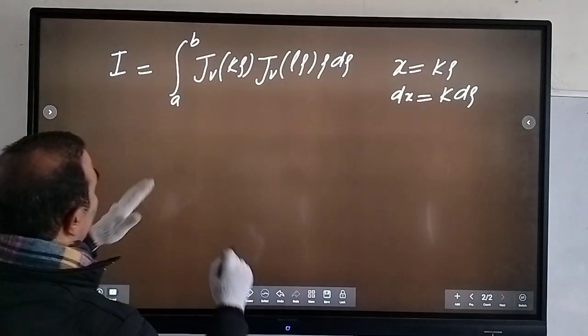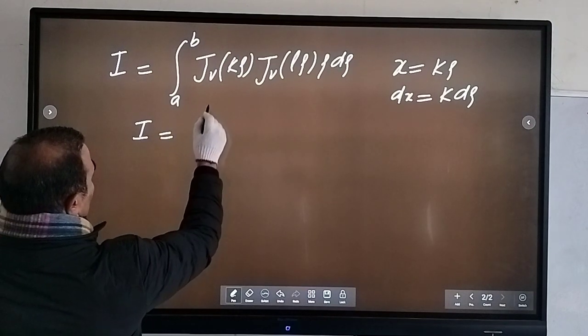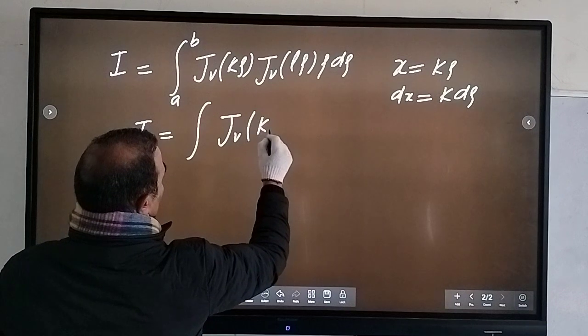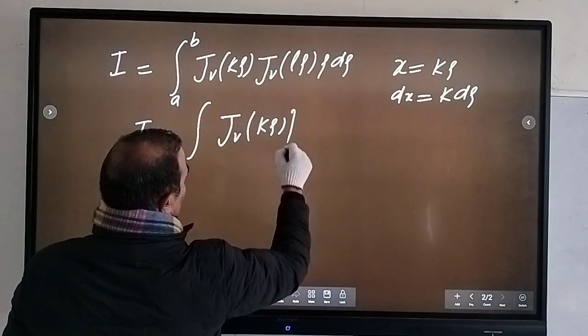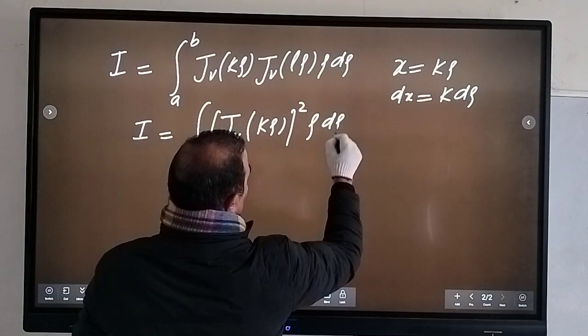So that means I can rewrite this, without limits. I will be equal to the integral of J_v of k rho, whole square, rho d rho, right?